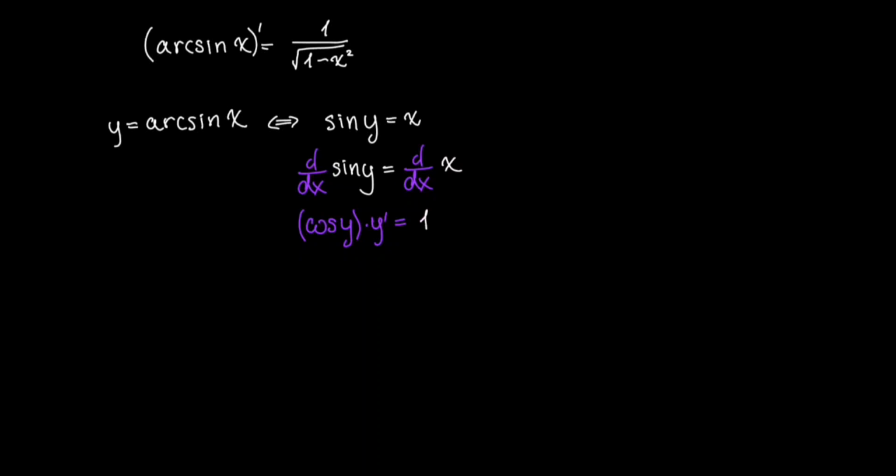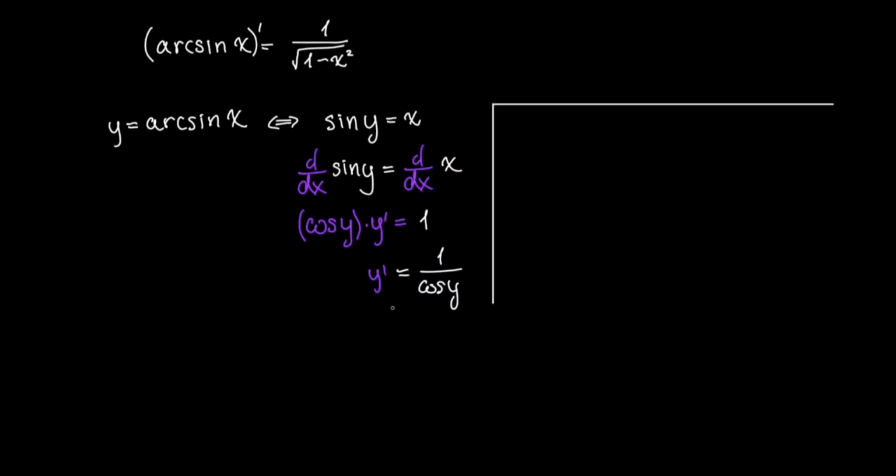Now, if we divide both sides by cosine y to isolate y prime, what we get is 1 over cosine of y. The next step is going to be to express cosine y in terms of x.